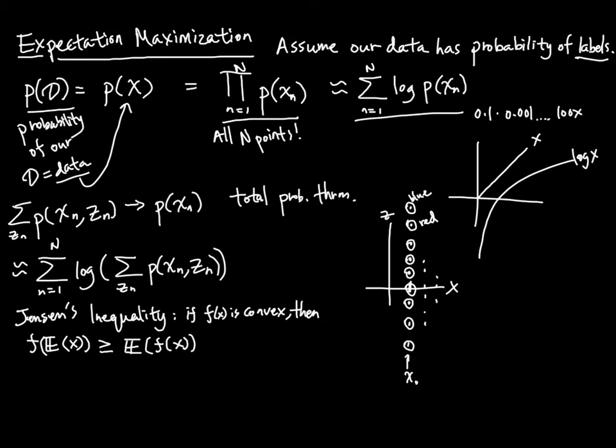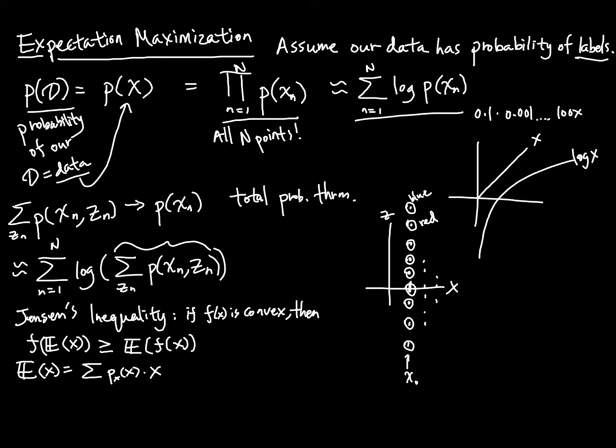And then the expected value is defined as the summation of p of x times x. And here, we don't really have that p of x, so we're going to add in a p of x inside of this term.